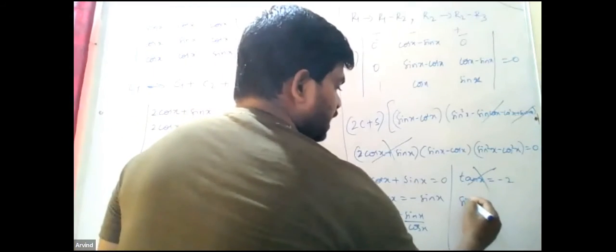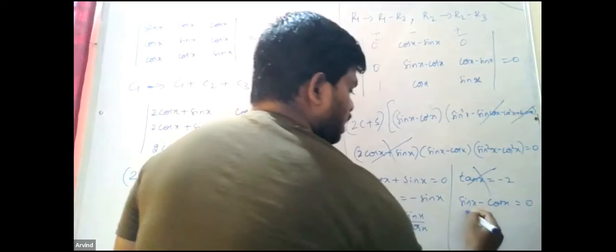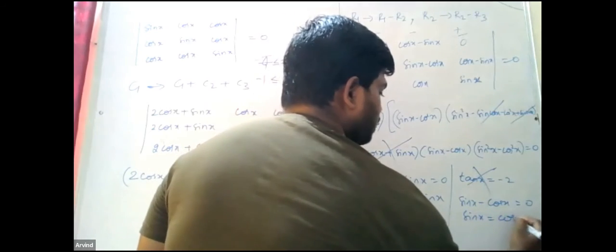Let's take the second one, sin x minus cos x equal to 0, that is sin x is equal to cos x.